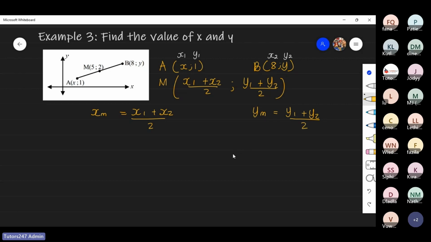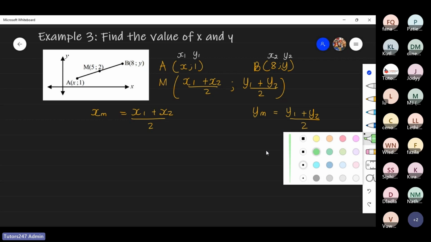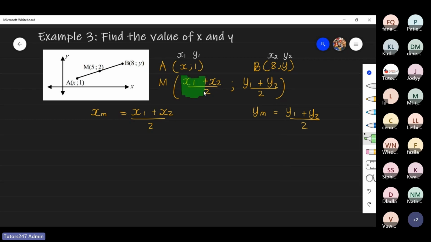So that's all we did. We broke it up. The x side gets equated to the x value of your midpoint. The y part of the formula gets equated to the y value of your midpoint. That's all you need to do.